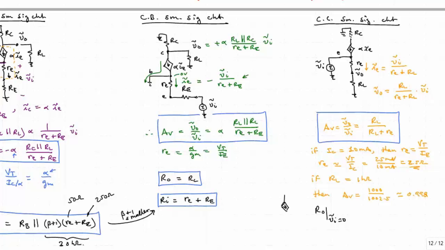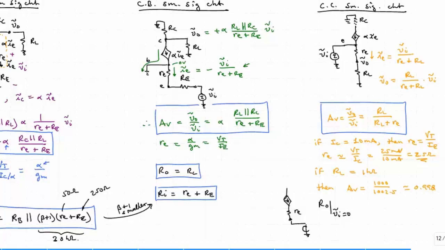In this example, we would have little re, and then we have no load resistor now. Instead, we're going to connect a little test current, and here we turn VI off, 0 volts. So what is the voltage that's generated here? This voltage is simply going to be re times IT.